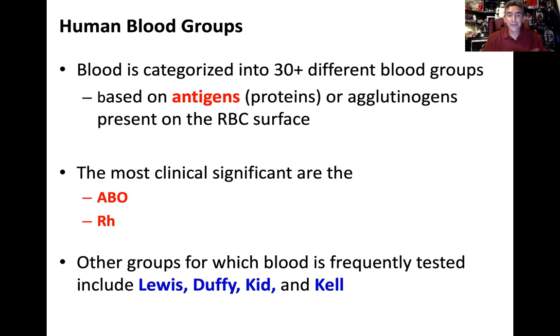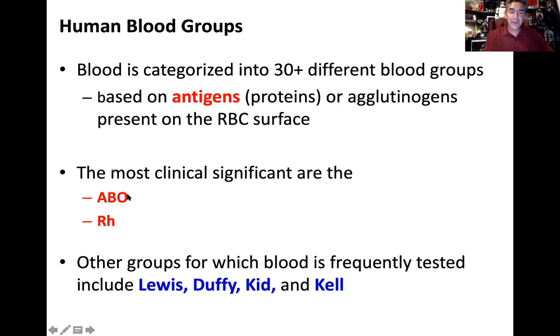The most clinically significant are the ABO, but there are other groups for which blood is frequently tested. These include the Lewis proteins, the Duffy proteins, the Kidd proteins, the Kell proteins. And this is not Kidd meaning a little child. The Kidd is the name of the scientist that discovered this. These are important to be matched properly, but they're not as critical as the ABO.